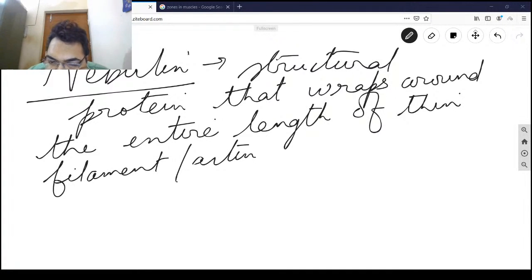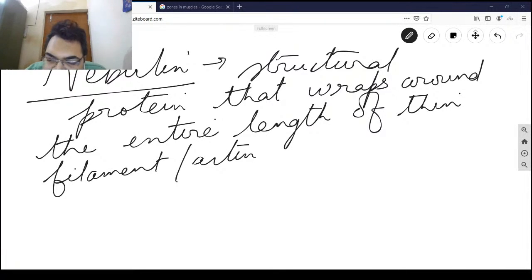Okay, and this will do what? In the end it helps anchor the thin filaments to the Z disc, because Z disc has alpha-actinin, it is binding to actin also, and then it will bind to nebulin also. So Z disc will be able to hold on to the thin filament in a better way, more efficiently, more tightly.